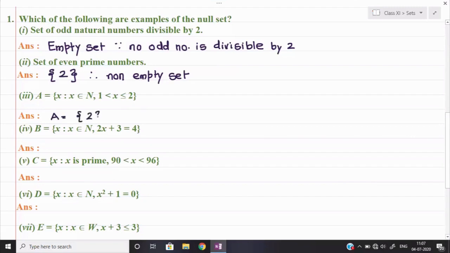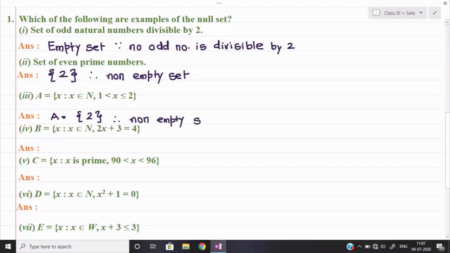So 1 can't be taken, but it can be less than or equal to 2. So 2 will be an element which is a natural number as well. So this will also be a non-empty set. Okay, so we can write down the answer here, non-empty set.